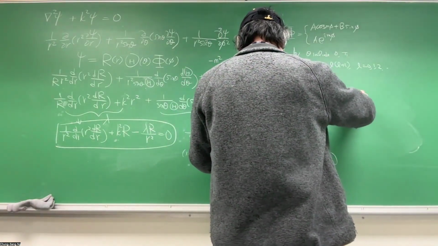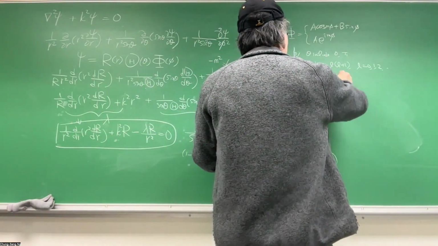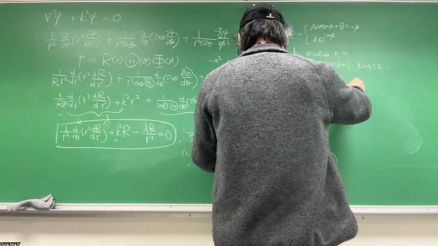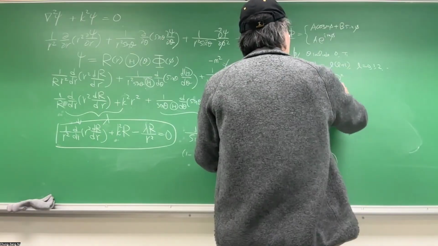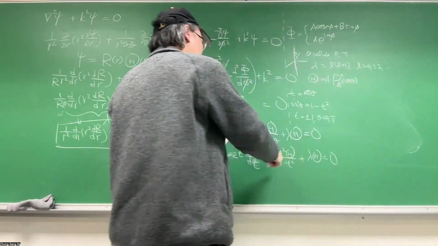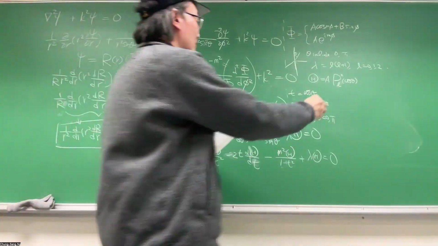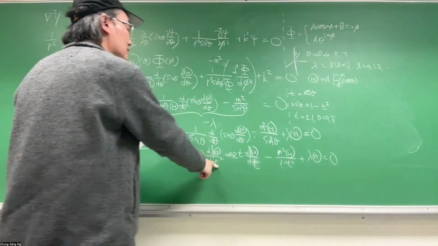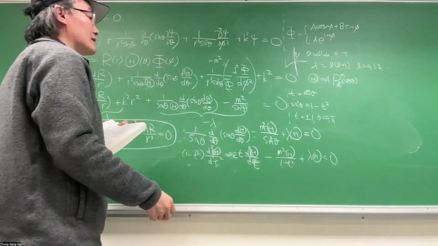So this would be some constant times P_L^M of cosine theta, which depends on t, which is cosine theta, and M.